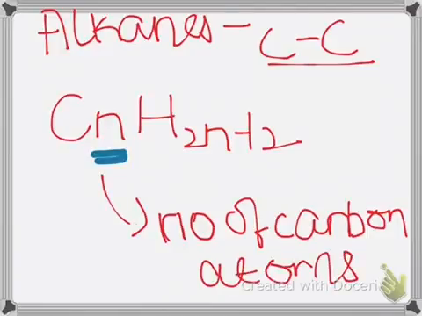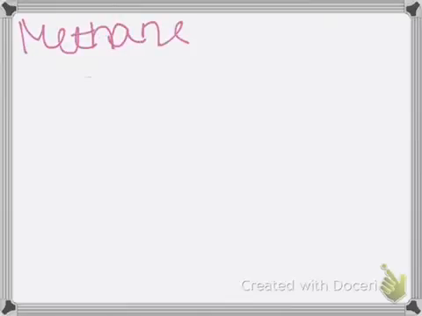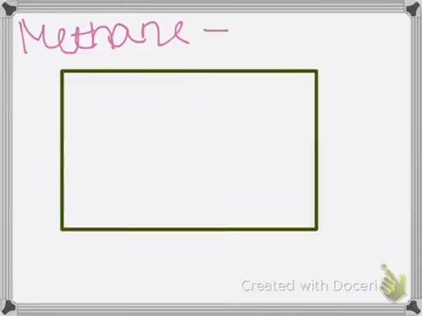Okay, so the examples for alkanes are methane. Methane is the simplest form of hydrocarbon.